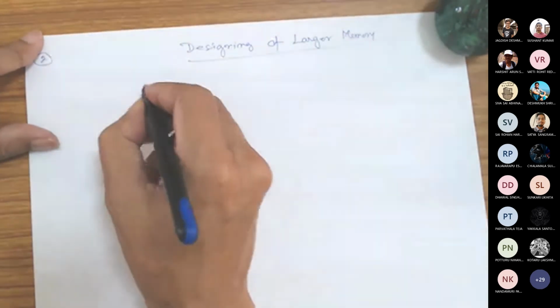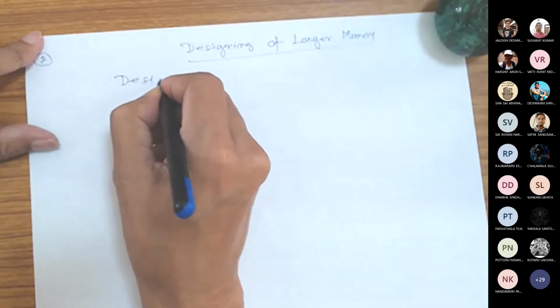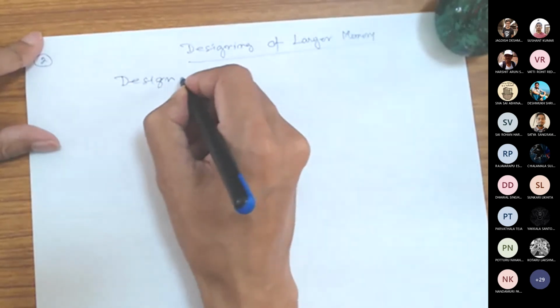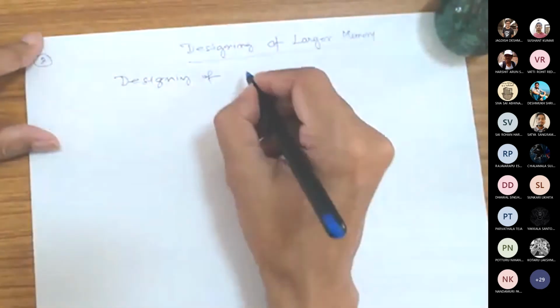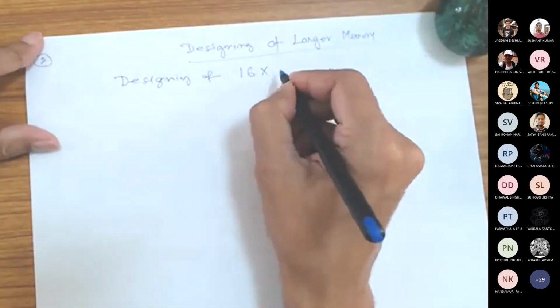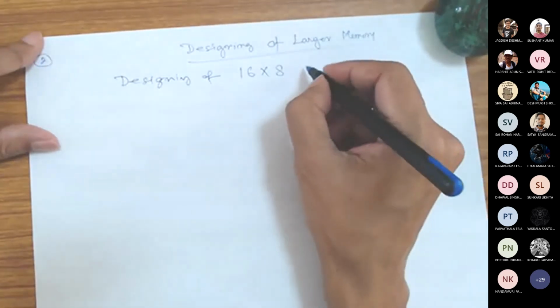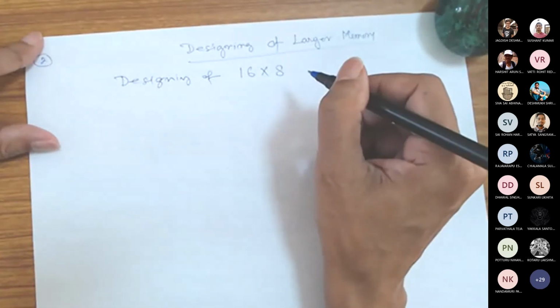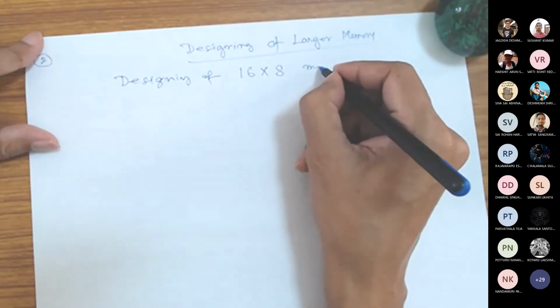We want to design, initially start with say, 16 into 8 memory.